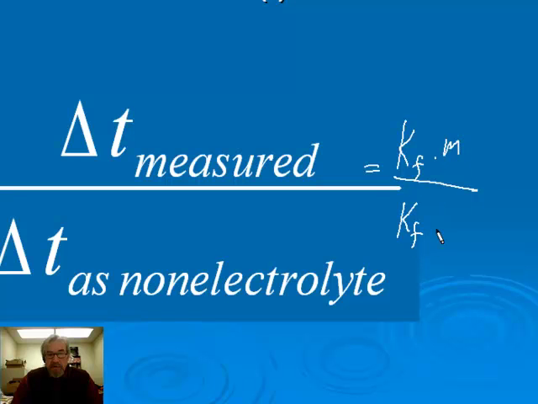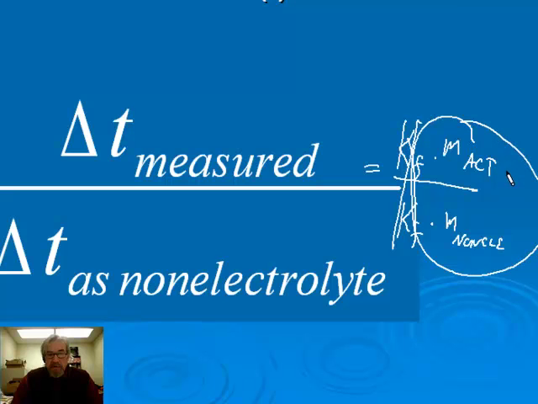So the only thing that's different is the actual molality divided by the molality as a non-electrolyte, and Kf will be the same for the same solvent. So i is also a ratio of the actual molality, or the effective molality, to the molality if it weren't an electrolyte at all.